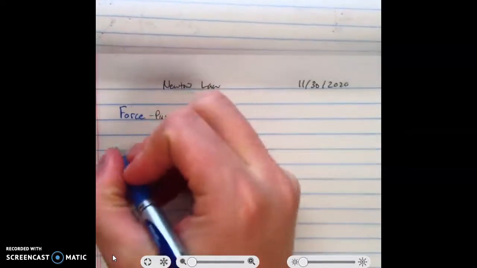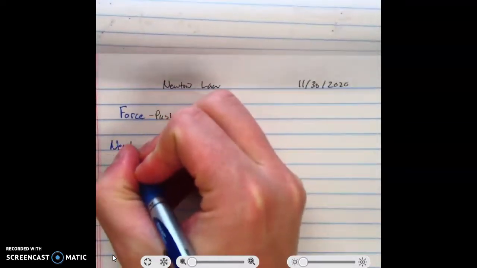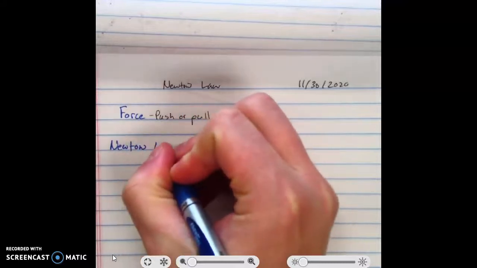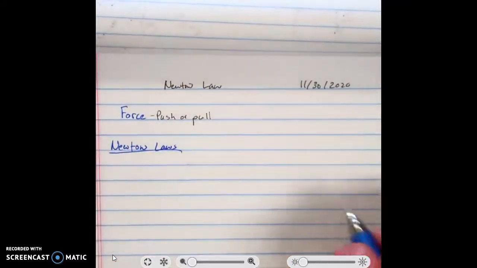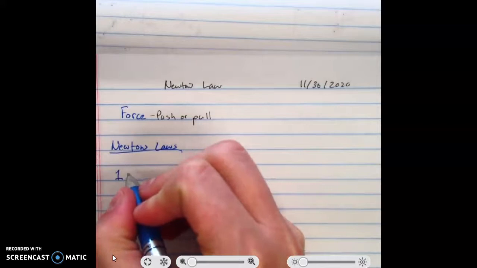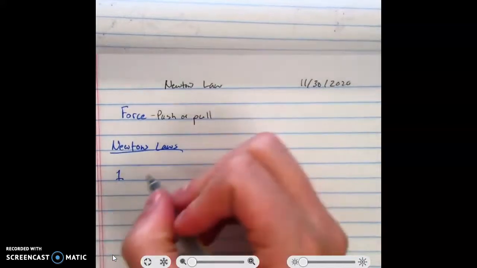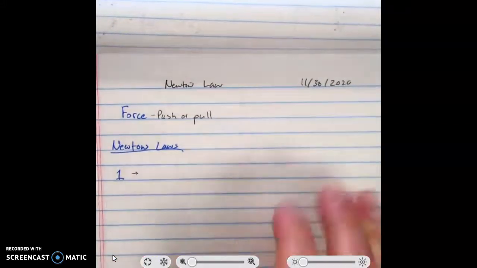Newton's 3 laws. Newton's law number 1. This one's kind of wordy, but it lays a lot of foundation.